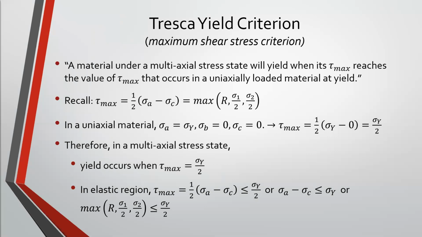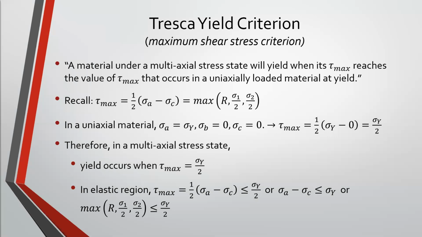So essentially what this is saying is that there's some shear stress that causes failure of a material. Whether or not you are in uniaxial or multi-axial, it's the same shear stress that it's going to fail at. And we know that it yields at normal yield stress, so we're going to figure out what's the corresponding shear stress, and then when we reach that, we expect our material to yield.